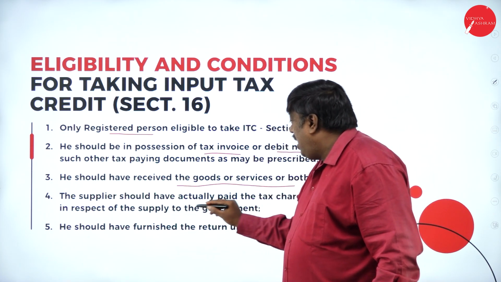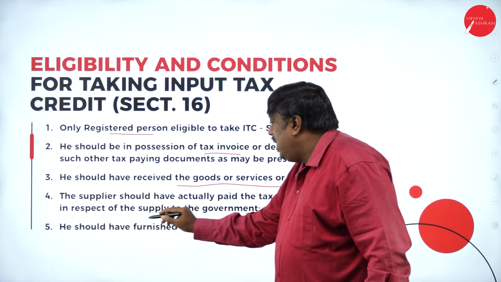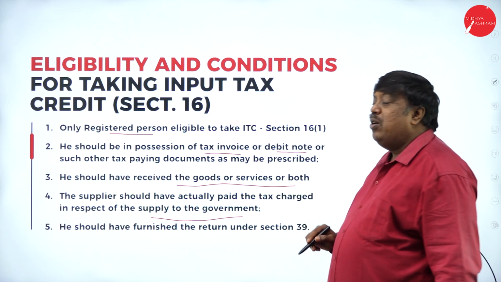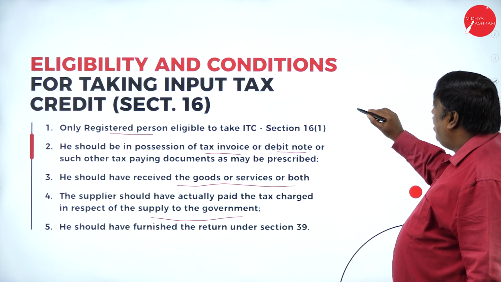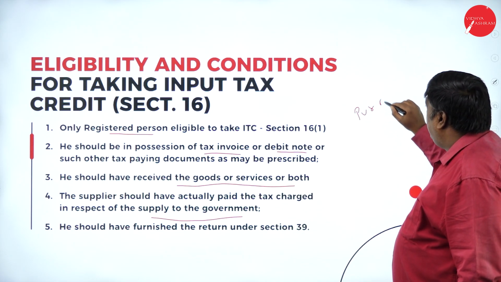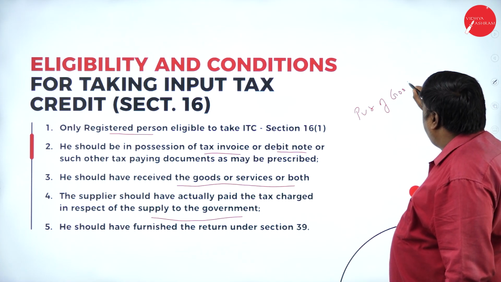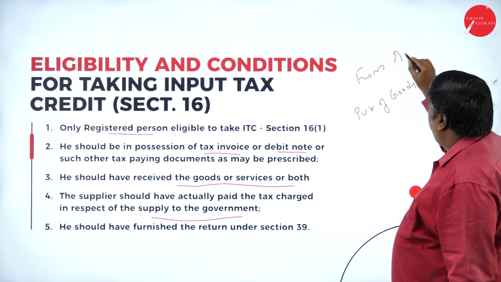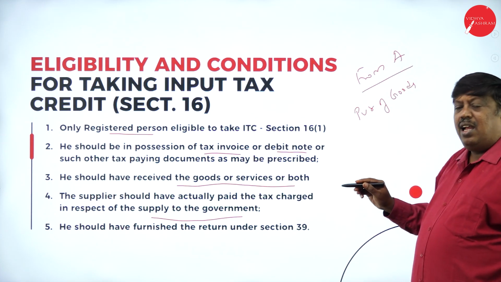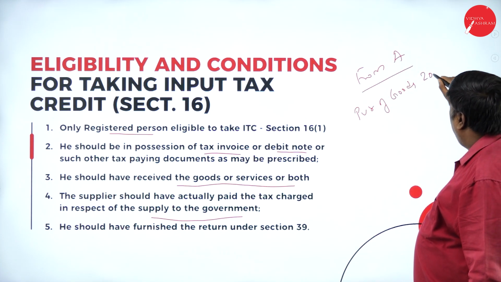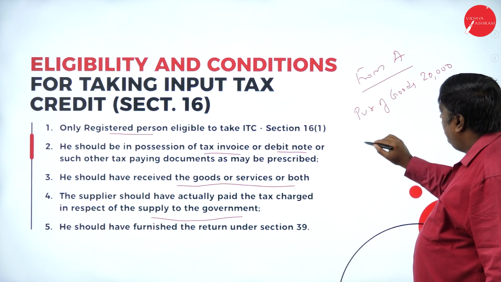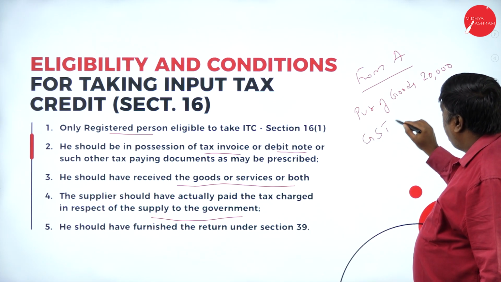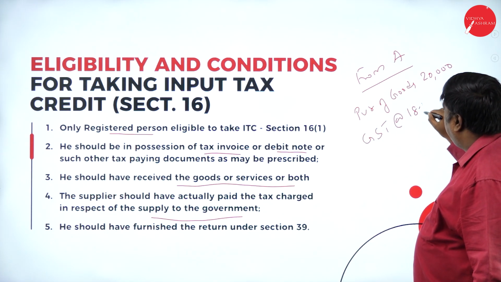The supplier should have actually paid the tax charged in respect of supply to the government. What they are saying is that when we purchase goods from A, I am purchasing goods from A for 20,000 and he charged GST at 18%.